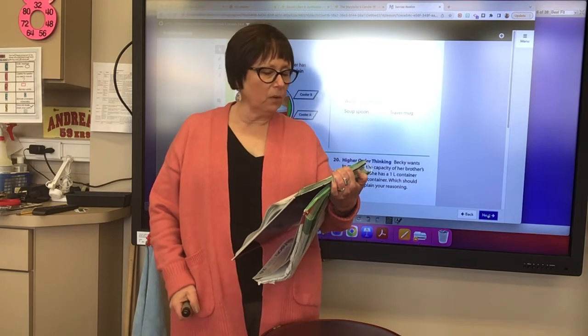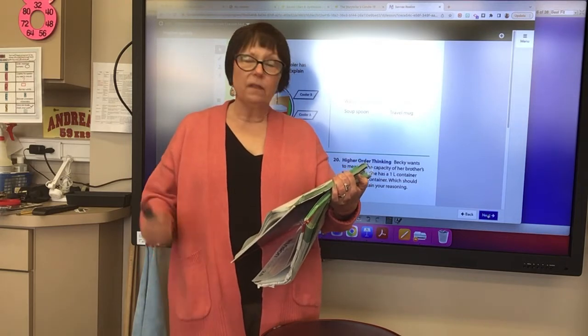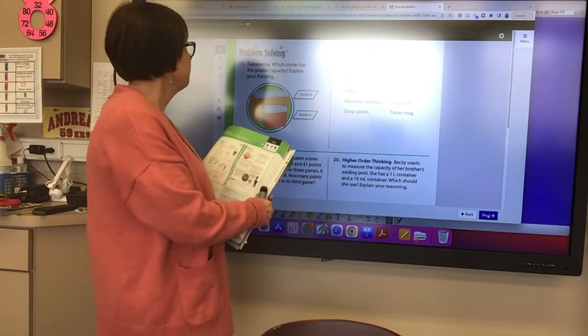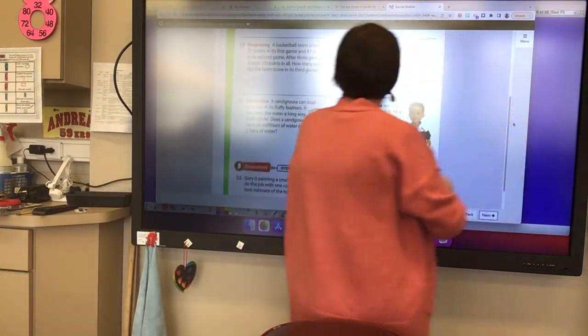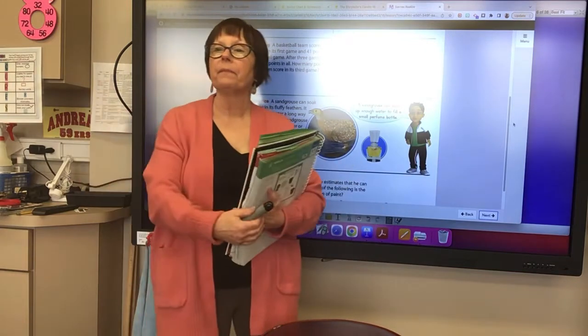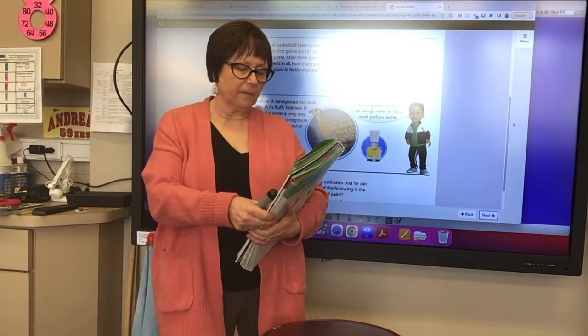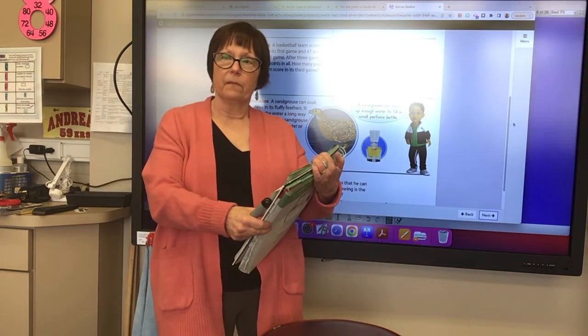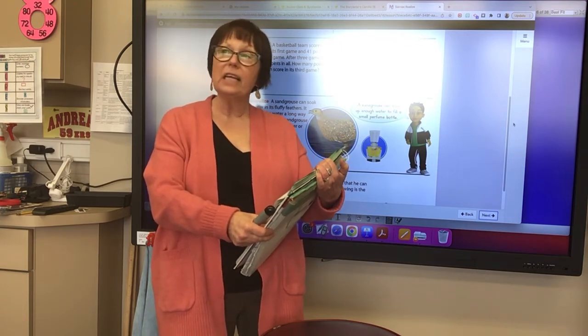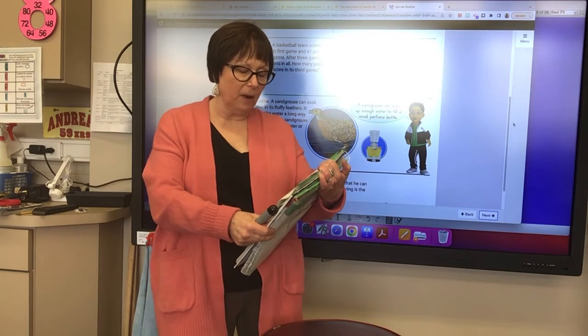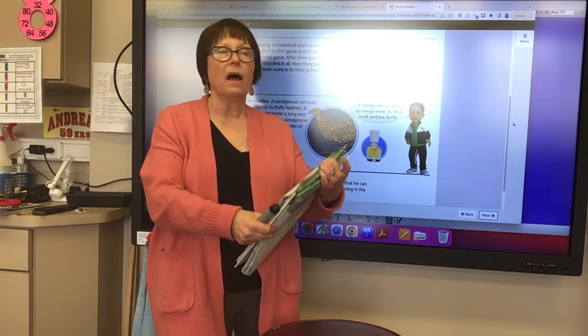What should Becky use? 1 liter. Why should she use the 1 liter container? I'm going to agree with you. Because 10 milliliters is not that much. It's too small, right? So Becky should use the 1 liter container because it is larger.